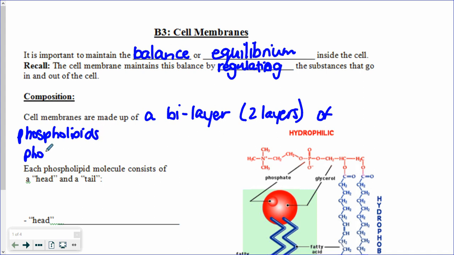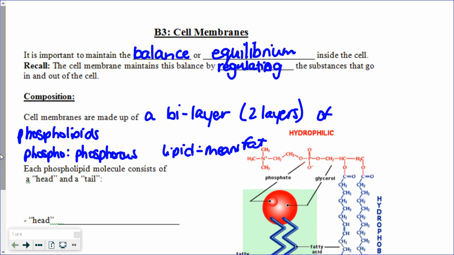So again, phospho, just to kind of break it down into Latin terms, that means contains phosphorus, and the word lipid actually means, I guess, fat.